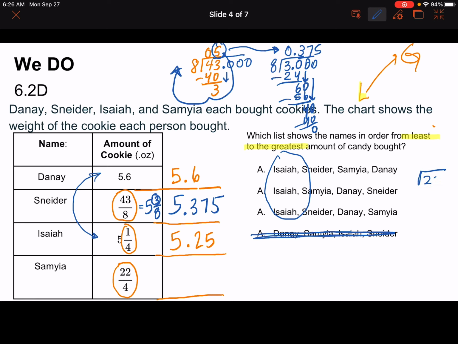Do it off here. 4 goes into 2, 0. 4 goes into 22, 5 times. And I got 5 and 2/4, which I know is 5 1/2. But let's just continue. 4 goes into 20 5 times again, perfectly. So I have 5 1/2.